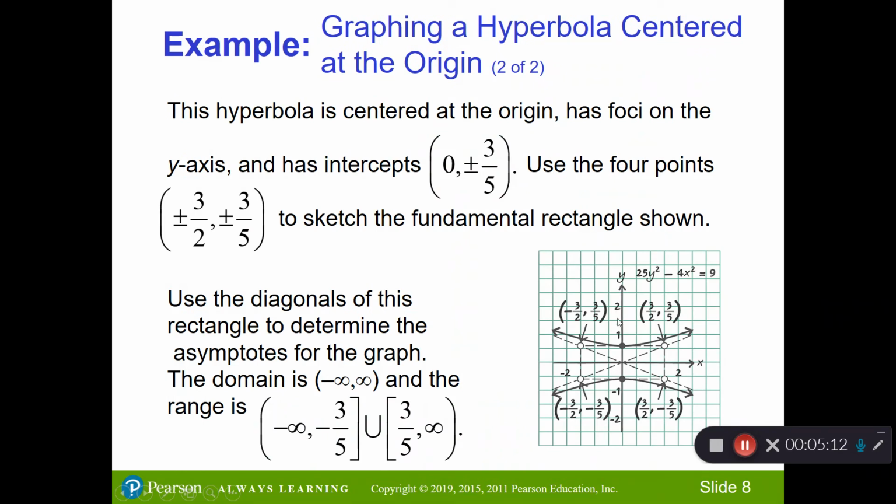Going from the center, which is at 0, 0, we move up 3/5 and down 3/5. And then the square root of the other one was 3/2. So from this point, I move over 3/2 and plot my point.